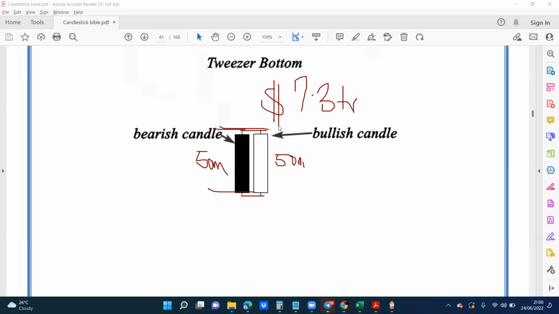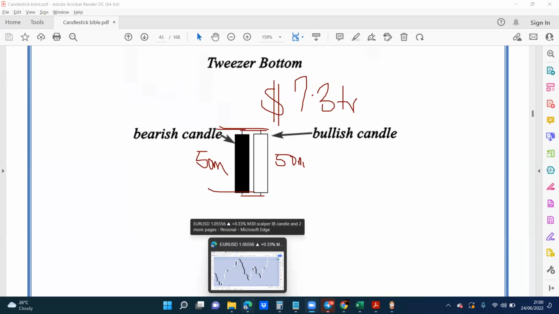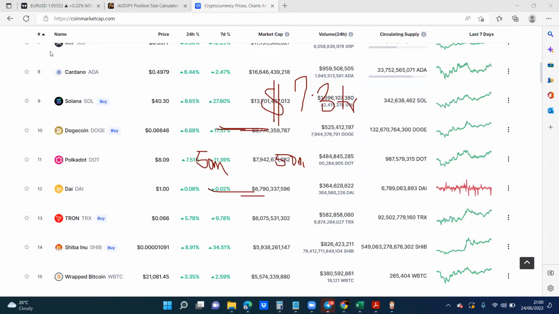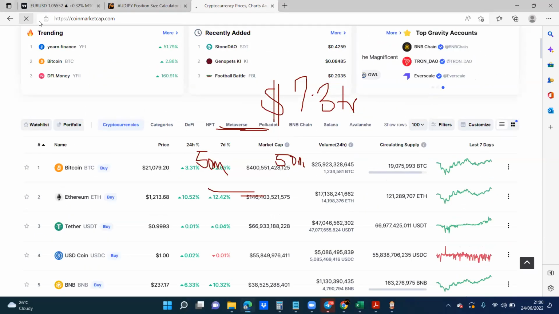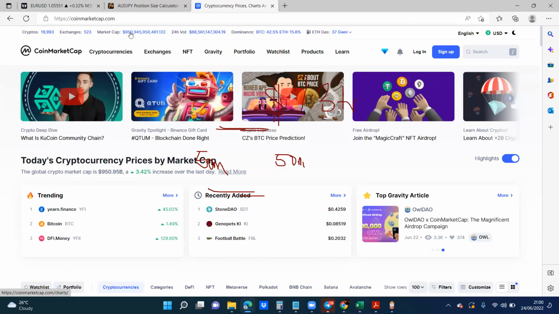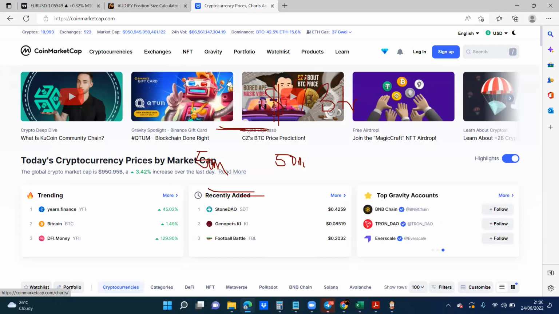In the crypto market, maybe 1.something trillion. I think the global cap dropped below 1 trillion recently. Let me quickly check. Yes, it's sitting at 950 billion right now. It got close to 2 trillion one time, but so many losses.